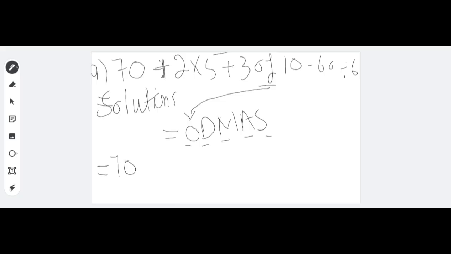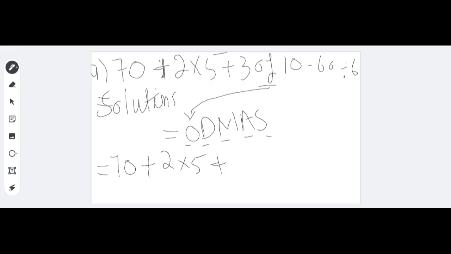Yes, 30. Let me explain first. You have to listen, understand, then you have to write. 70 plus 2 multiply by 5 plus, now I have to put the sign. We have to follow step by step. We cannot jump and we don't have to miss the steps.